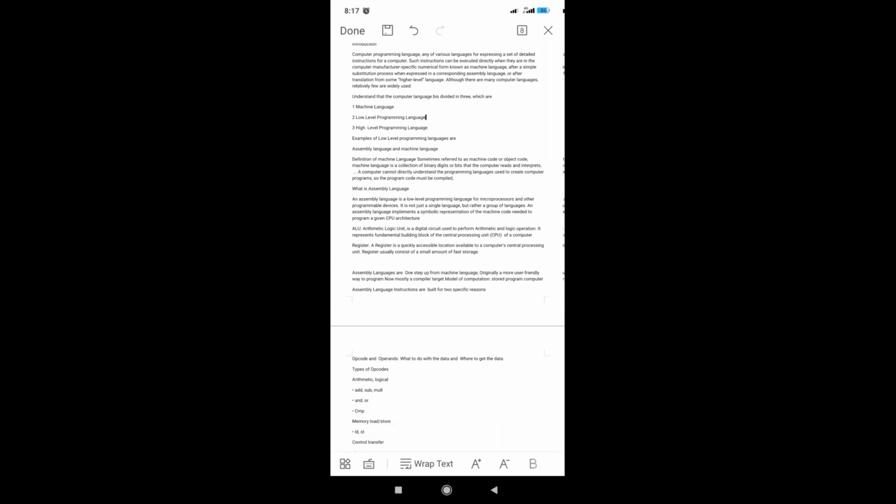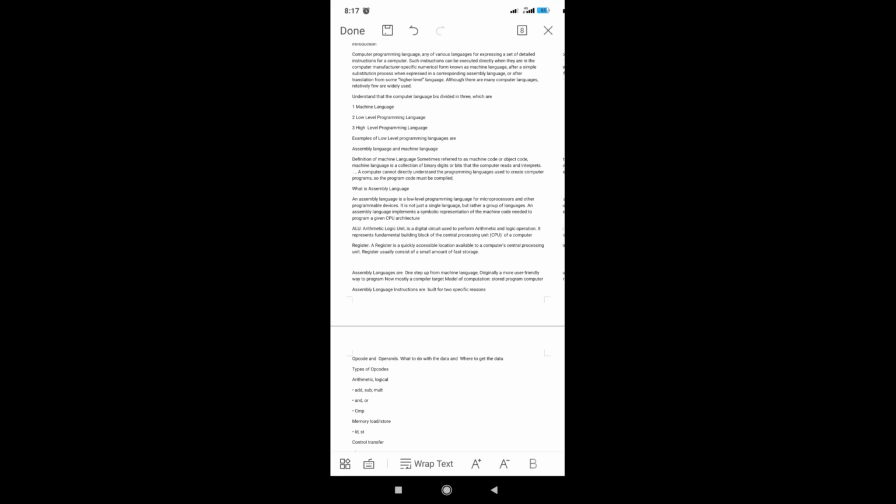Your register is a quickly accessible location available to a computer central processing unit. So after the computation is carried out in your ALU, it is being stored in your register. In your register, that is where the result is being stored.